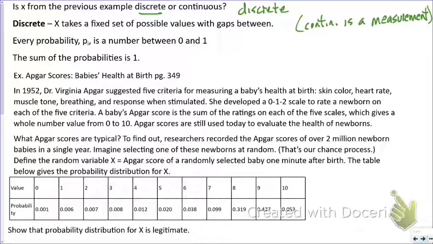And we have our table that someone has made for us. I would say this table is impossible to create on our own just from what they described. We couldn't do it. They would have to give us data to be able to create that table. So sometimes it's nice and they give you the probability distribution in advance. And here is the definition of our random variable right here.